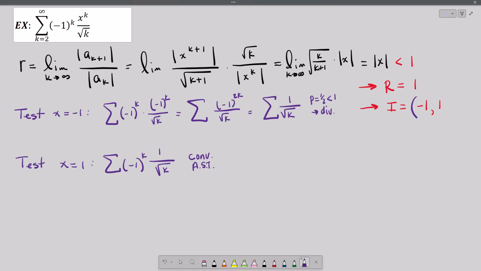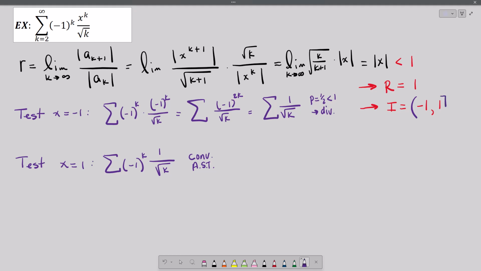Is this a decreasing function? Yes, the numerator is constant, and the denominator keeps getting bigger, so the fractions keep getting smaller. Now, we don't have to write all that down. When we're just dealing with an endpoint, we can be very concise. We don't have to go through both pieces of the alternating series test. There's already plenty of work. So that's going to converge.